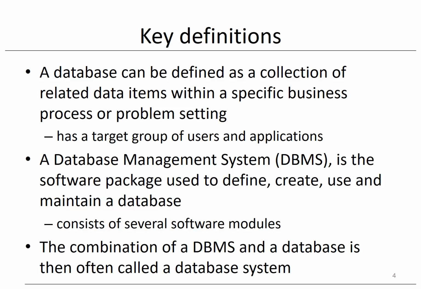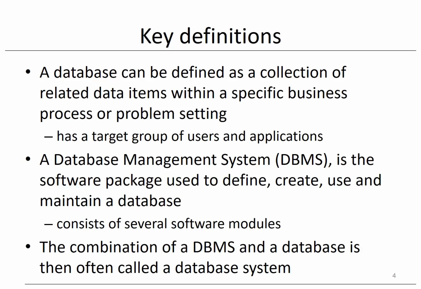These data items are also related. A product can be supplied by one or more suppliers. A purchase order is always connected to exactly one supplier. A supplier can supply one or more products. These are examples of relationships between the data items that should be adequately captured by a database.